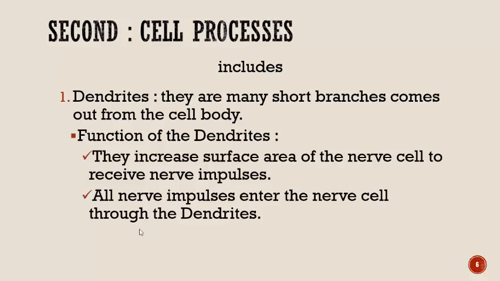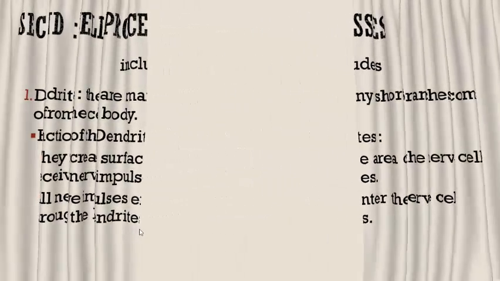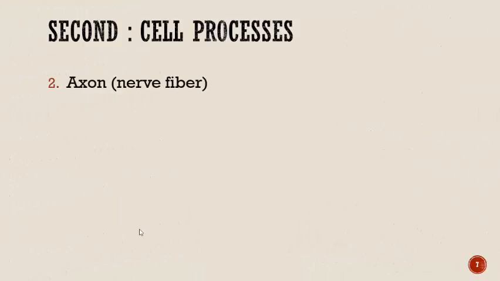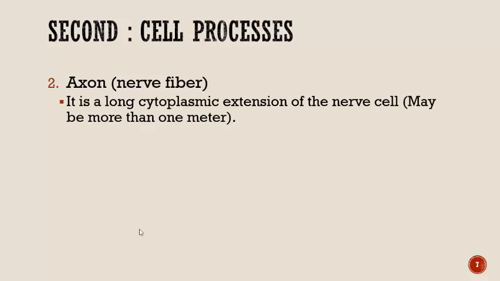Second part of the cell process is the axon. The axon also is called the nerve fiber. This axon or the nerve fiber is an extension of the cytoplasm coming out from the nerve cell or from the cell body.